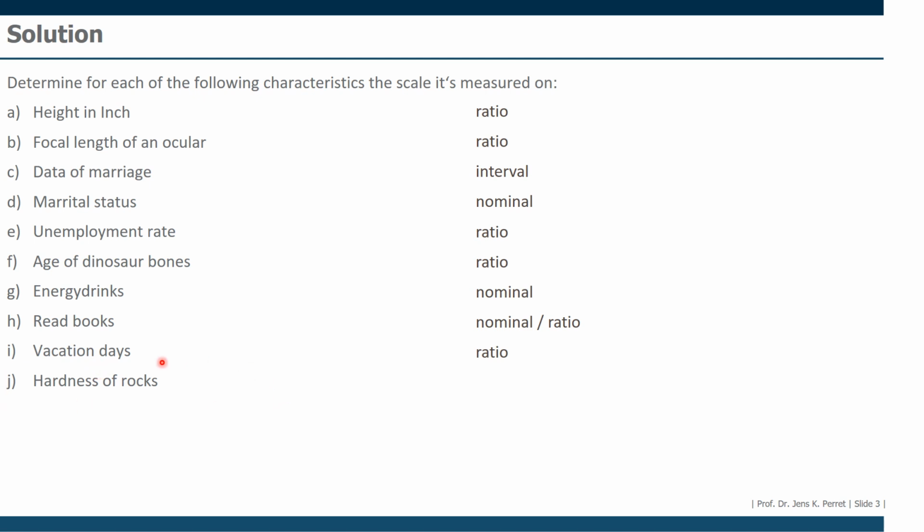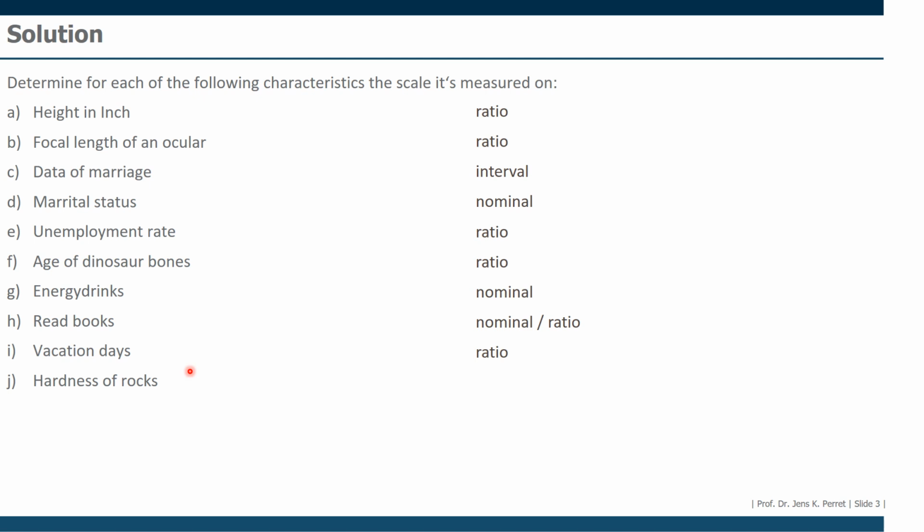And finally, this leaves me only with the hardness of rocks. There I have this scale which goes from 0 to 10, which already tells me something about it's limited. But this has the problem, if I have a rock which has a hardness of 10, does not mean it's twice as hard as a rock of 5.